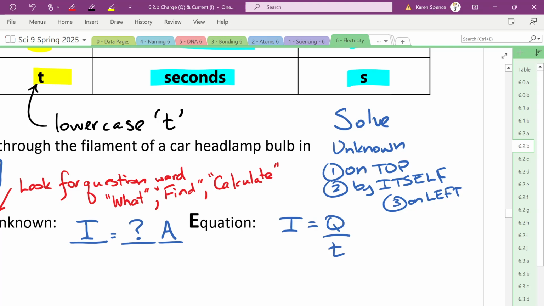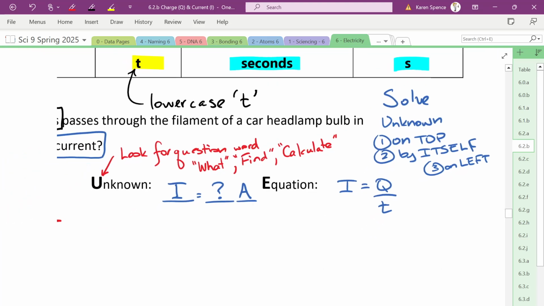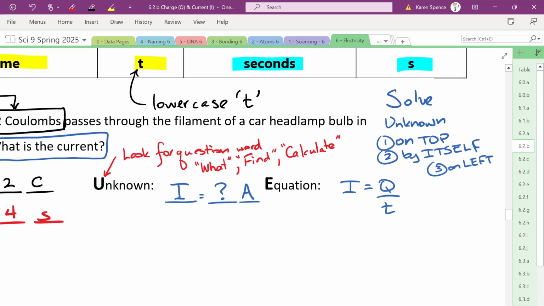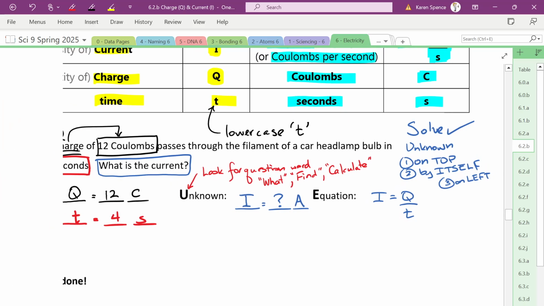Is I on the top? Yes. Is I by itself? Yes. Is it on the left? Yes, because we haven't really learned how to solve things yet, although many of you could probably do it, okay? It's by itself, it's on the top, on the left, so solve is done, so we don't need to do that.